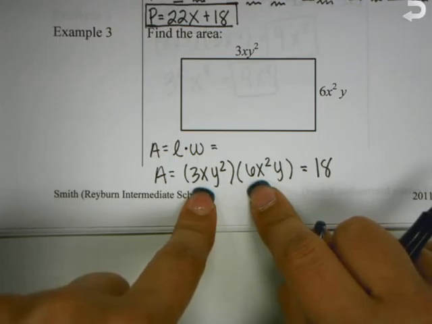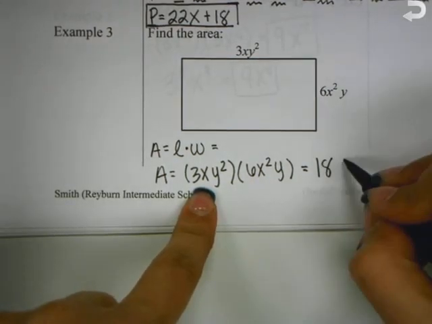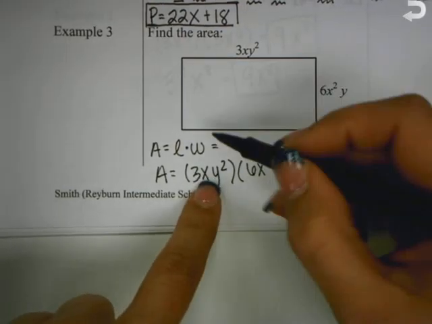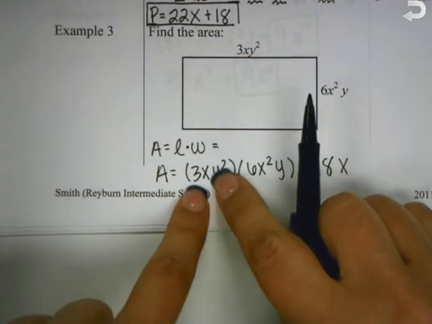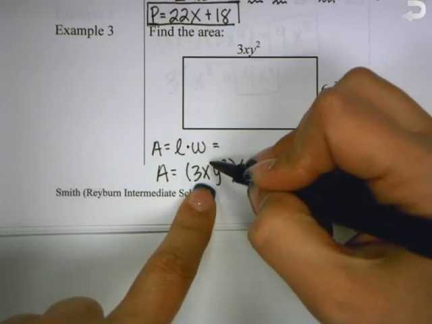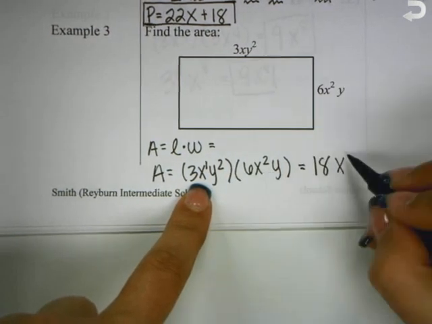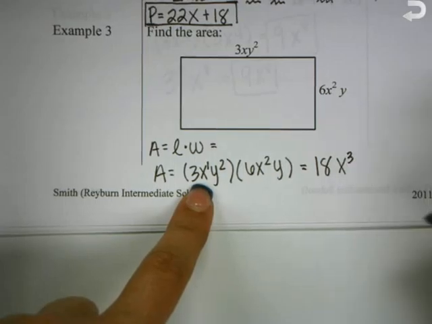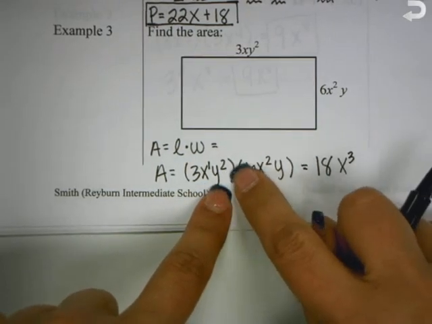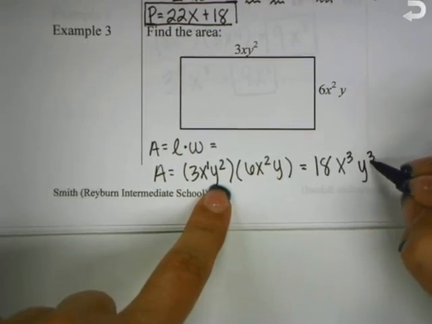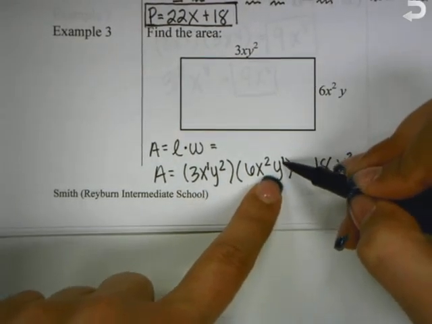The third. This x is the same as x to the 1. X to the 1 times x squared gives me x to the third. Y squared times y is y to the third, because this y is the same as y to the 1, and I add my exponents. So this would be my area.